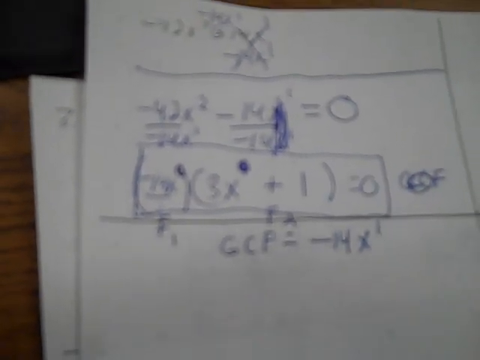Okay, so we set each one equal to 0. So negative 14x could equal 0, or 3x plus 1 could equal 0. So I dot the x's and circle them. So it's times, so I'm going to divide both these by negative 14. If you divide 0 by anything, doesn't matter if it's positive or negative, the answer is 0.